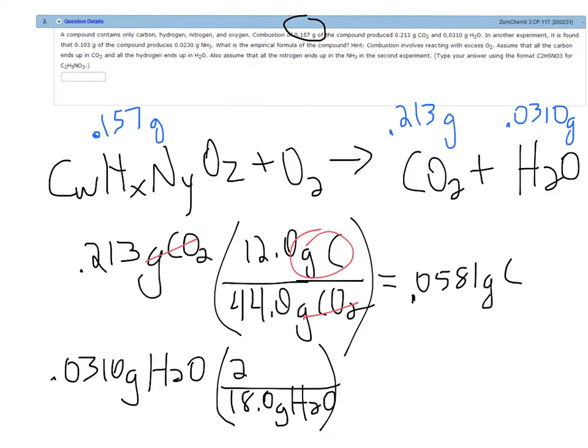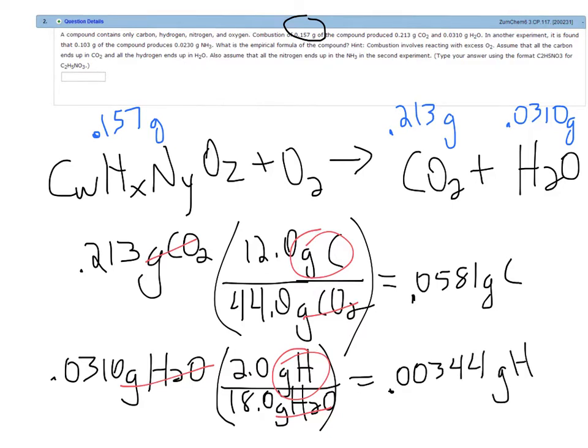And hydrogen's contribution to that 18, since there are two atoms of hydrogen within water, is 2 grams. And if you follow the units, you end up with grams of hydrogen for the final answer. And that works out to be 0.00344 grams of hydrogen.